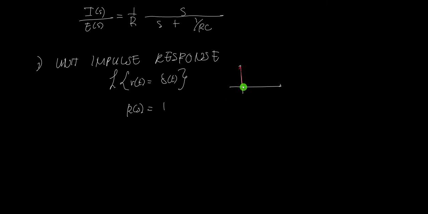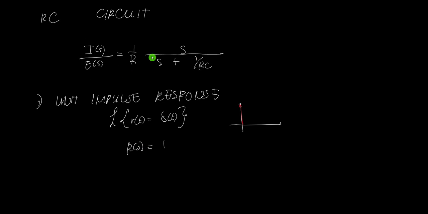At t equals 0, our input goes towards infinity, or if it's a unit impulse, then it's 1, and it goes back to 0 when t is greater than 0. So that's a unit impulse. If we take the Laplace, that's equal to 1. Some books use u of t for this one. That's the same thing.